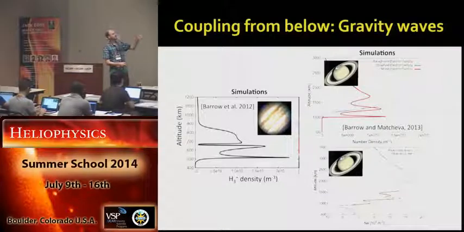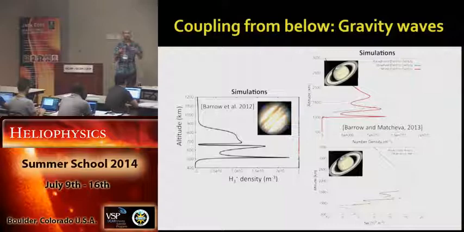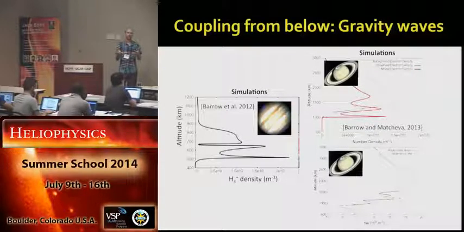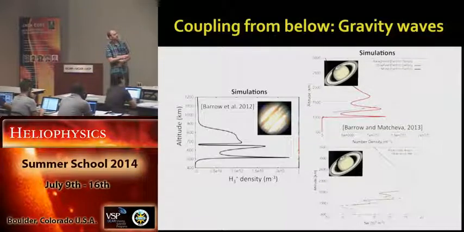And so in these model simulations, this is altitude versus, in this case, H3+ density, and then here, number density of electrons, and they figure out which combination of gravity wave parameters would best reproduce the observed profile. So for example, in the bottom case here for Saturn, the black curve is the observed electron density profile, which has a lot of structure. And then the red curve is the model reproduction of that.